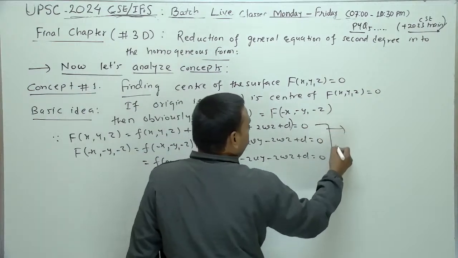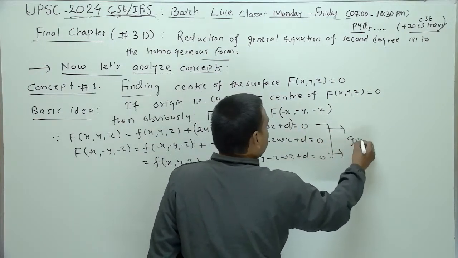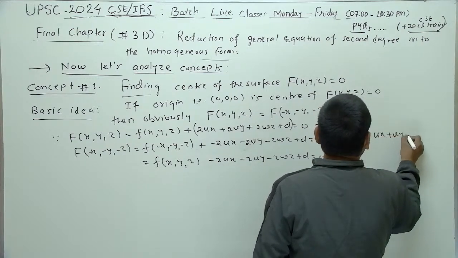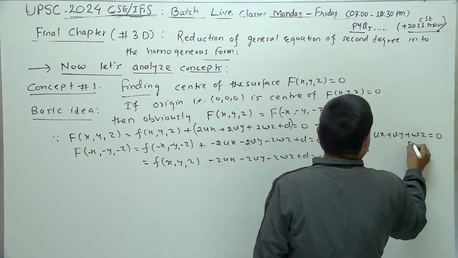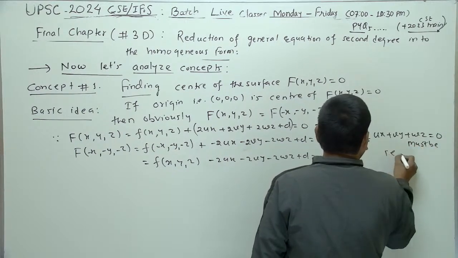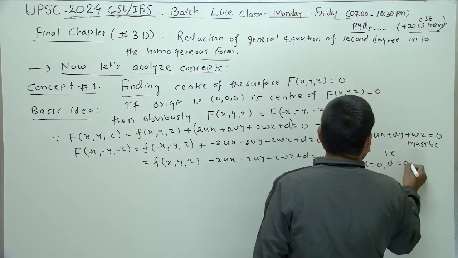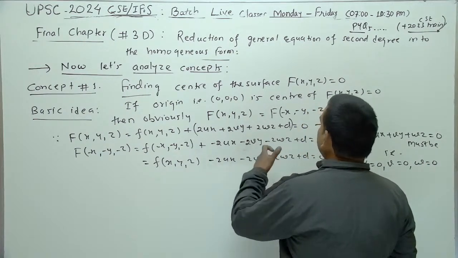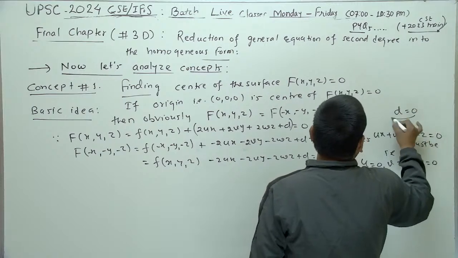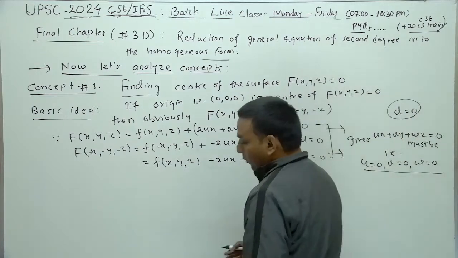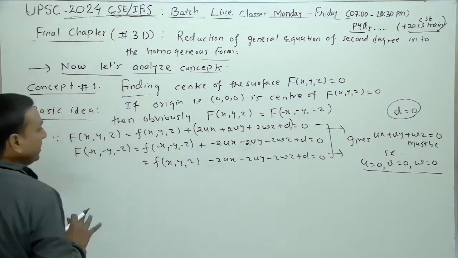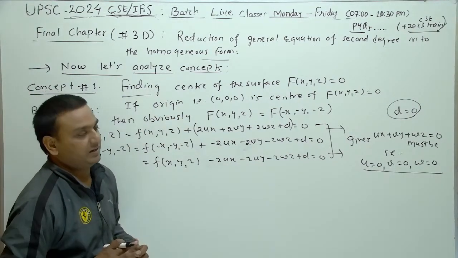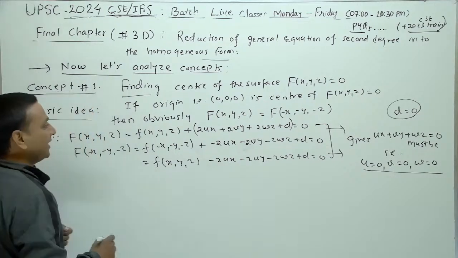So these two equations give, look carefully, ux plus vy plus wz must be 0, that is, u must be 0, v must be 0, w must be 0, right or not? So if the origin is the center, d is obviously 0, and u, v and w, meaning the first degree terms, must be 0 in that capital f of x y z. Now what will we do?